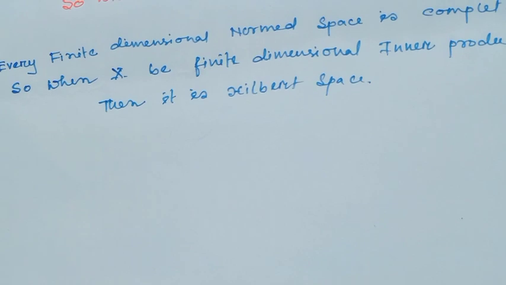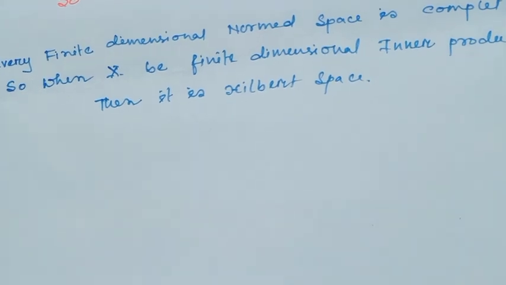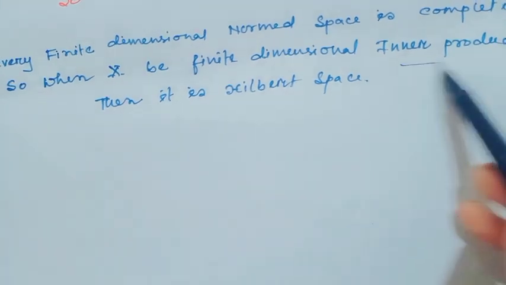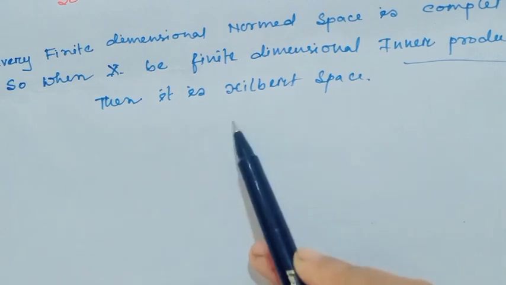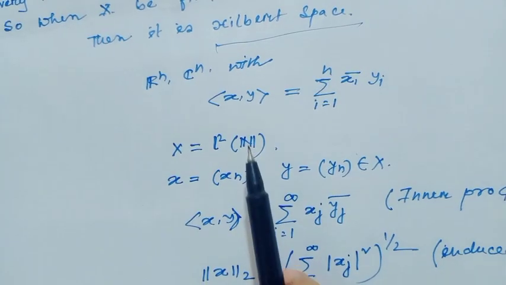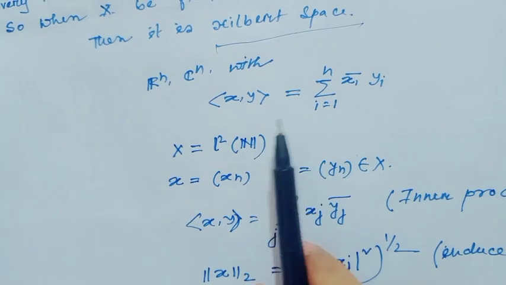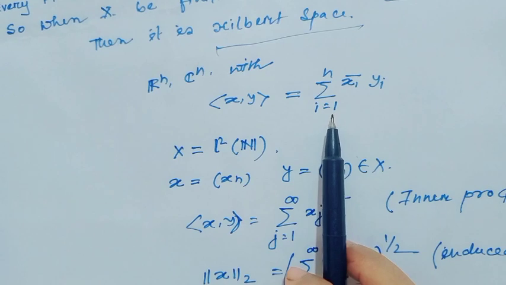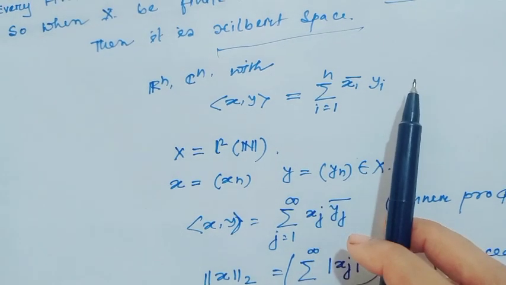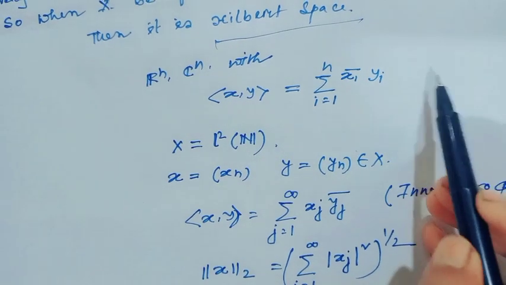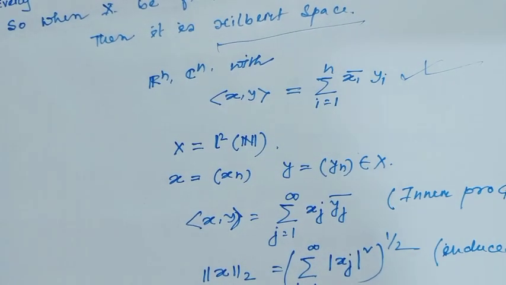First, we all know every finite dimensional normed space is a complete normed linear space. So when X is a finite dimensional inner product space, then it is always a Hilbert space. So if we consider R^n or C^n, then the inner product of x with y is defined as the summation i equal to 1 to n of x_i bar y_i. This is an example of a Hilbert space.